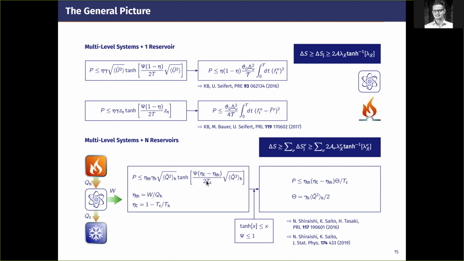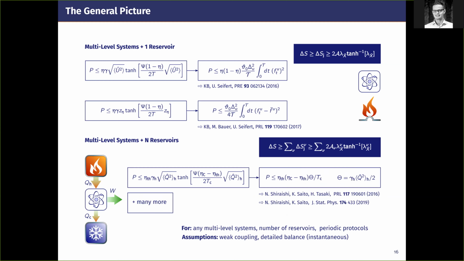Now finally, you can reduce this bound if you notice that the hyperbolic tangent is bounded by x for x larger than 1, if you eliminate psi by setting it equal to 1, and then you get back these quite compact results, and this is exactly the bound that was obtained by Naoto, Keiji, and Tasaki earlier.